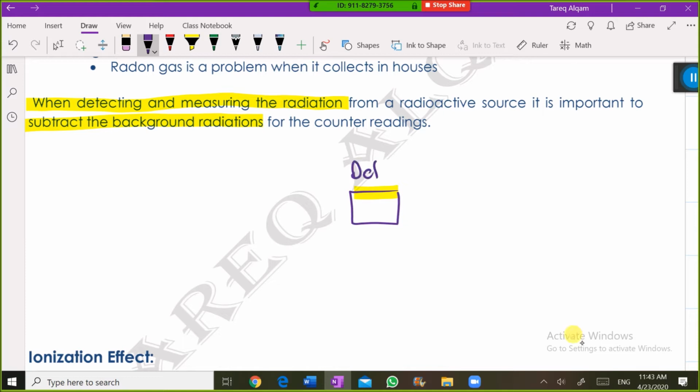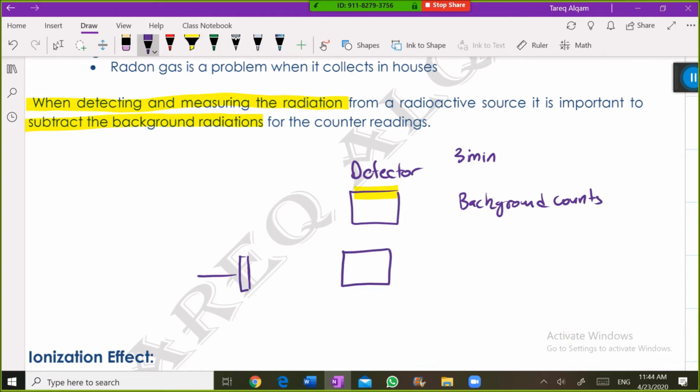This detector is switched on, let's say, for 3 minutes, without a sample here. And he recorded the background, or the average of the background counts. Then after that, he placed the sample, the radioactive material, here.